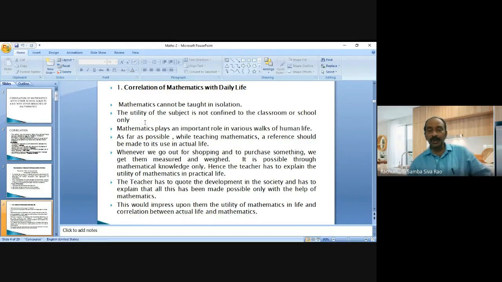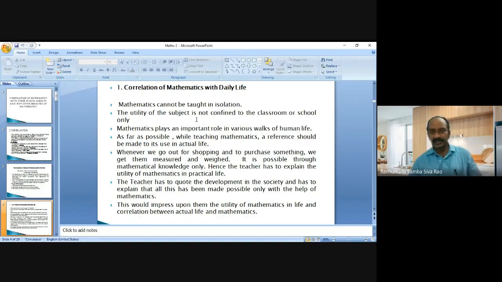We have to apply the knowledge obtained in the classroom at various levels in general life. In that way, we have to start the subject, very particularly mathematics, based on that line.